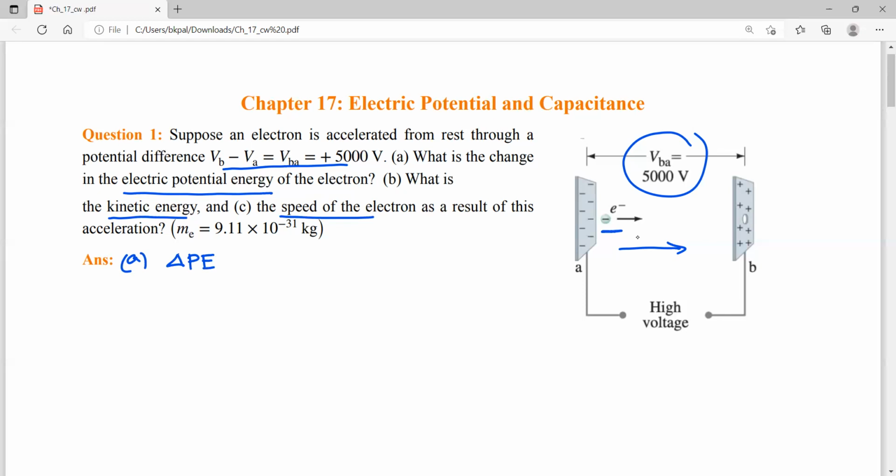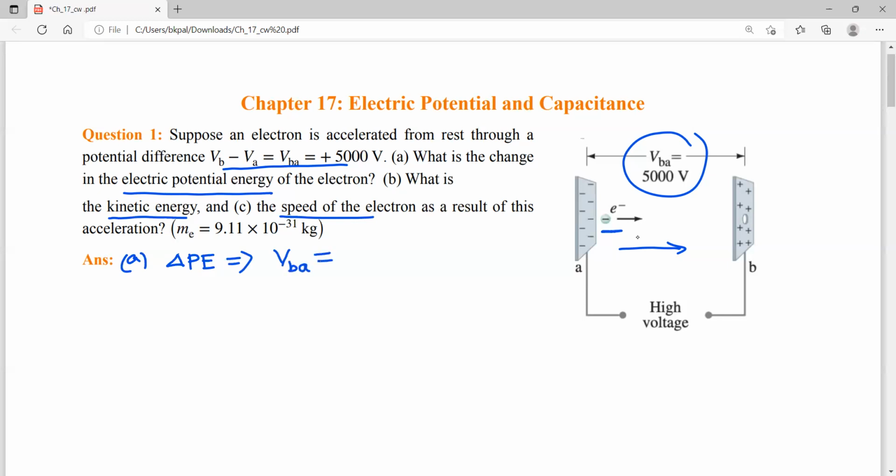If you remember from the theory class, delta PE is related to the potential difference. You can get potential energy from the definition of the potential difference.